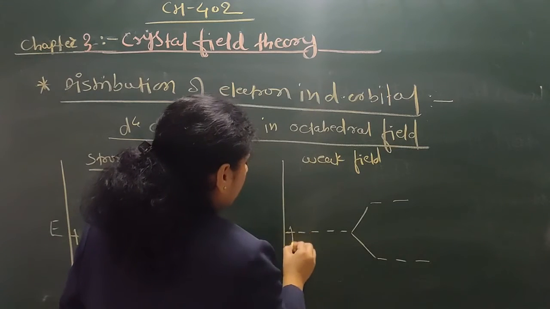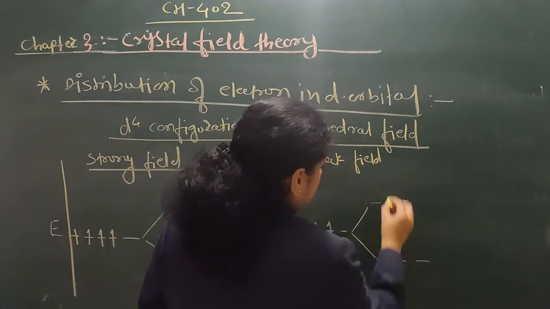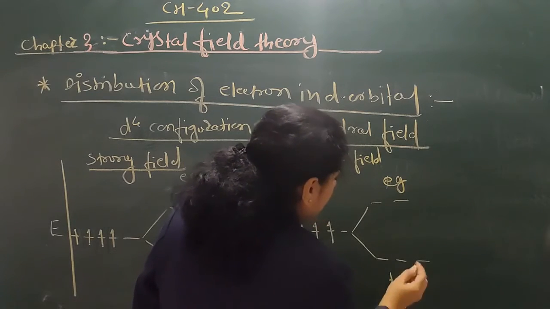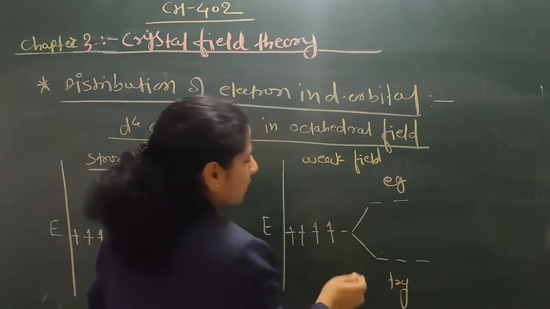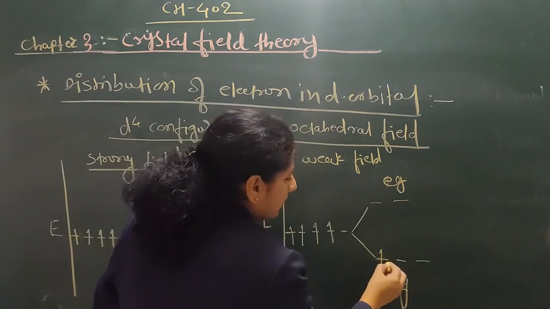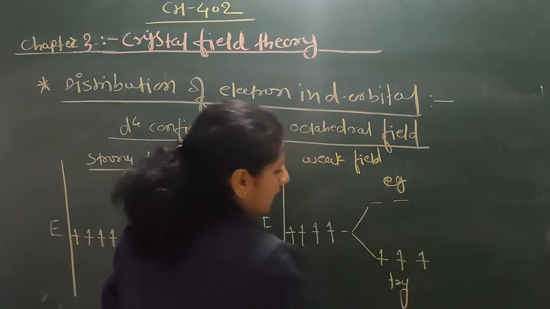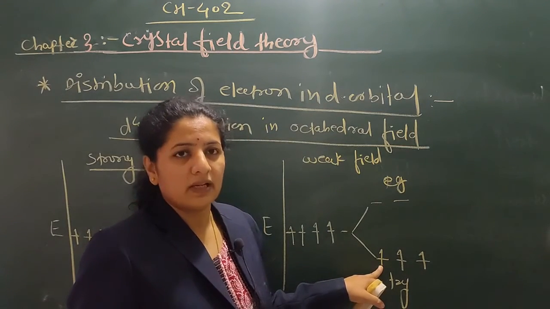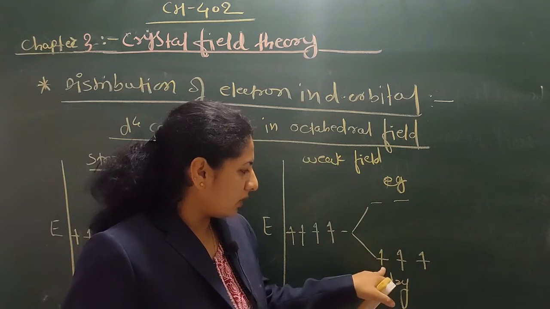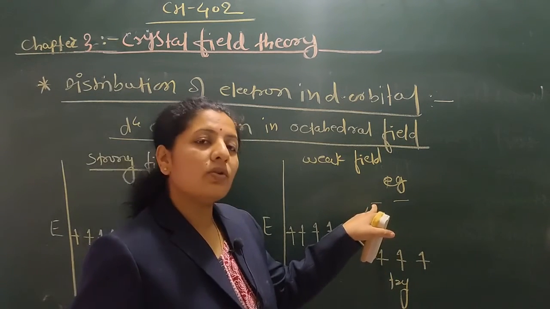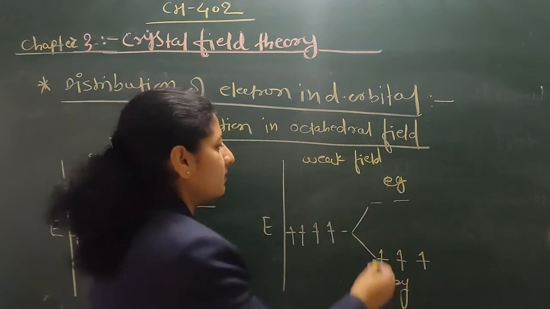So again there will be 1, 2, 3. This is Eg and this is the T2g orbital. We have to put 4 electrons in respect to the T2g and Eg orbitals. So here 1, 2, 3. Pairing will not be possible because this is a weak field ligand, so it will not enter the T2g orbital again for pairing. It will go directly into the Eg orbital because the ligand is weak field.